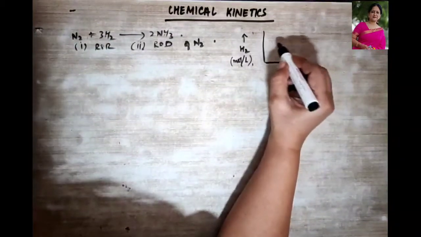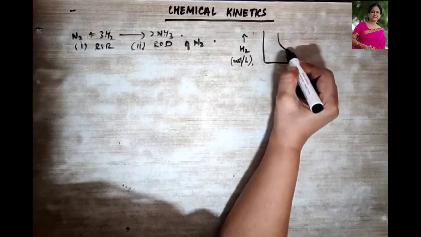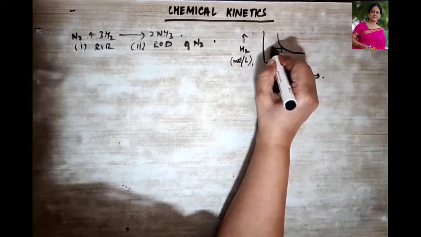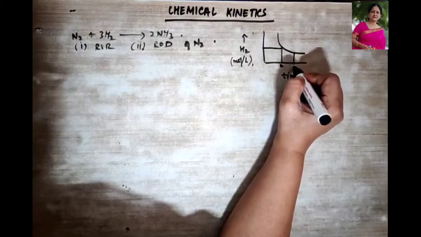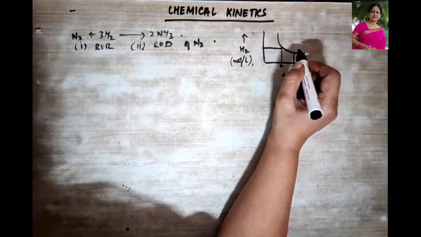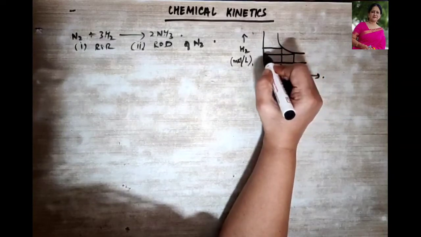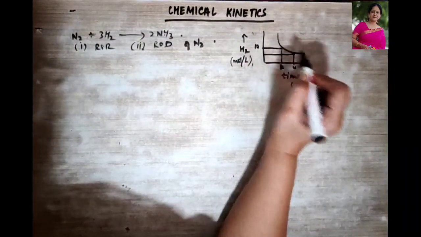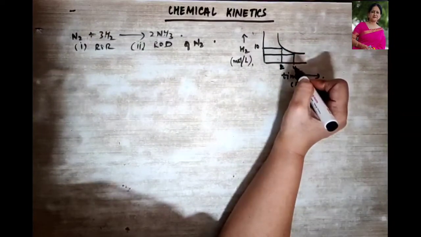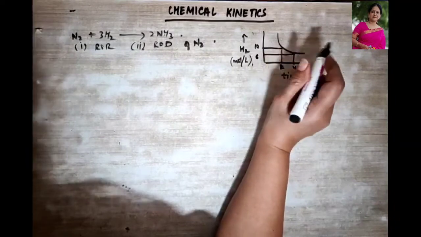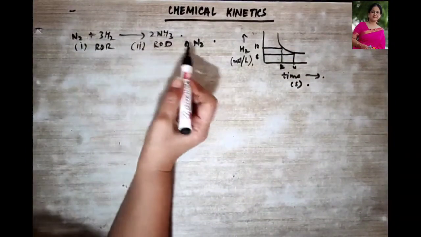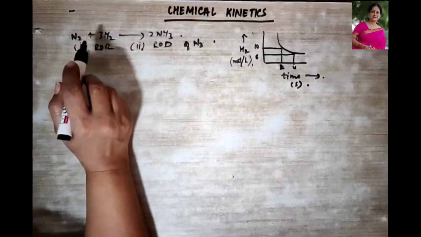The graph given to you is such that at 2 seconds the concentration of hydrogen is 10 moles per liter, and at 4 seconds the concentration is 6 moles per liter. Now you have to calculate ROR and ROD of N2.